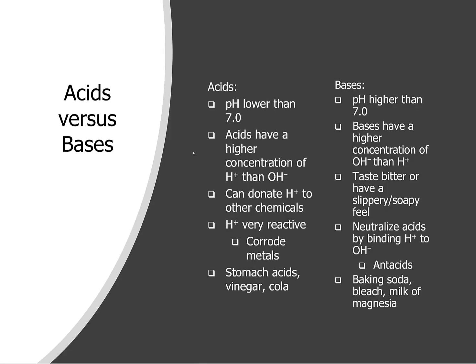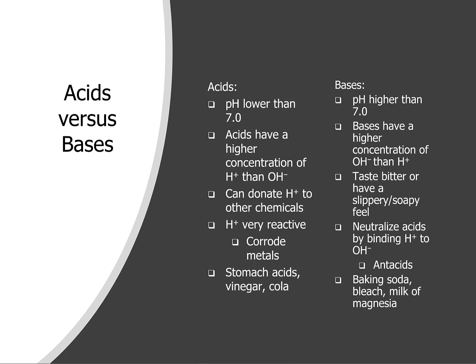And so acids, with pH lower than 7, have a higher concentration of hydrogen than the hydroxide ion and can donate hydrogens to other chemicals. It's very reactive as a result of that. Good examples are stomach acids. Bases, with pH higher than 7, have a higher concentration of the hydroxide ion than the hydrogen ion.